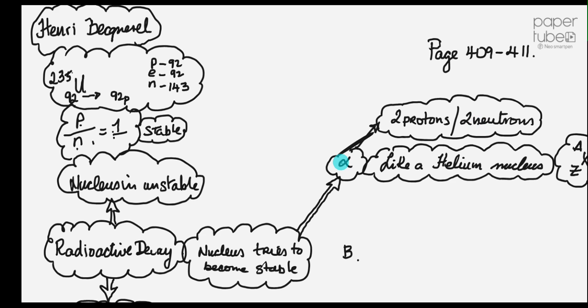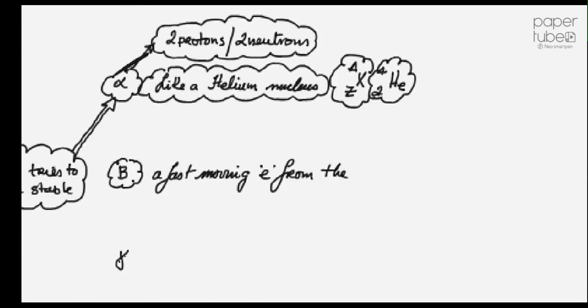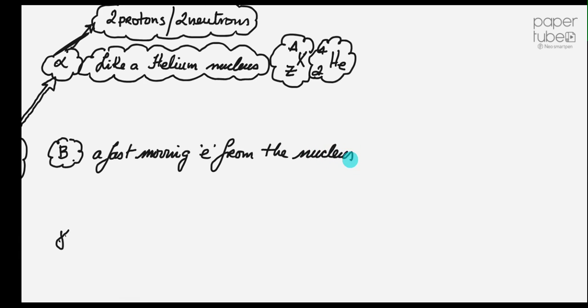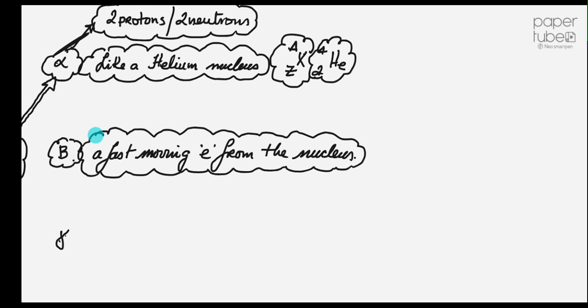Now your beta particle, and here is sort of the strange part in this. It's a fast moving electron from the nucleus. But you would say to me, oh, all the electrons live on the shells orbiting the nucleus.